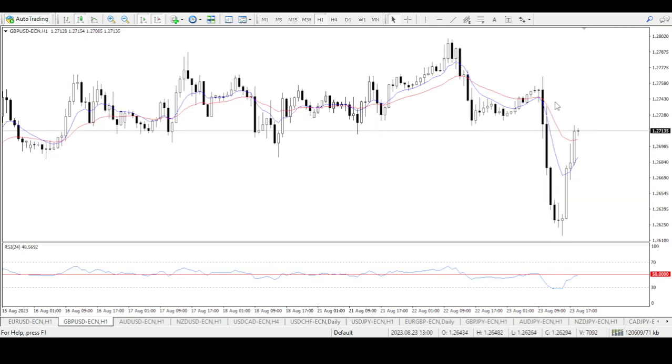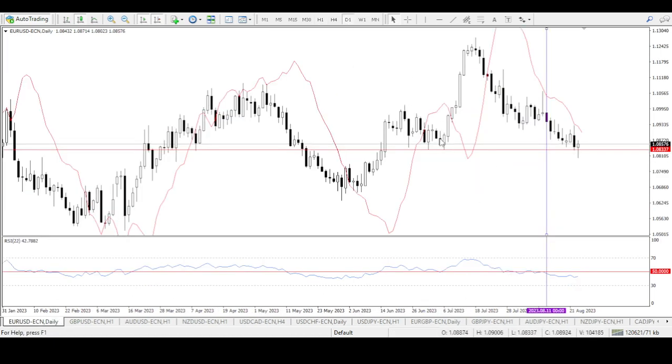But if you look at the UK PMI, just an hour later UK PMIs were also released, and you can see there is a sharper fall in the GBP, and comparatively this fall was quite bigger than the fall in euro, which simply shows that the euro has been really taking support at this previous support area. So this was the previous support, and today price penetrated below this previous support and rebounded back.